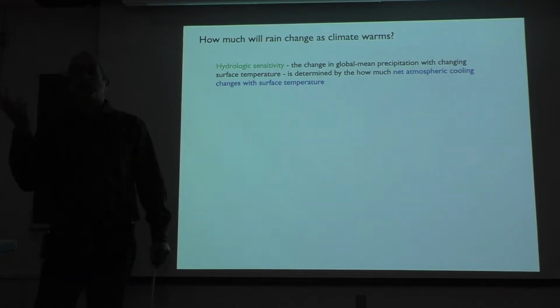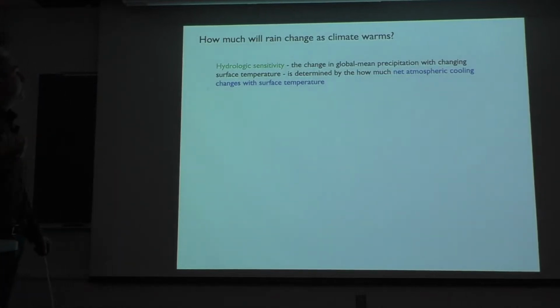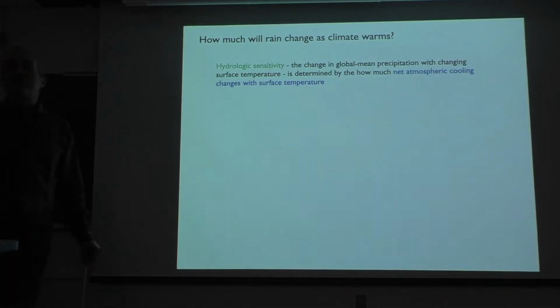And that is associated with how much more net atmospheric cooling there will be. And that association is stronger than the link between mean cooling and mean precipitation, because the other terms in the energy budget are expected to change much less than the evaporation term at the surface.